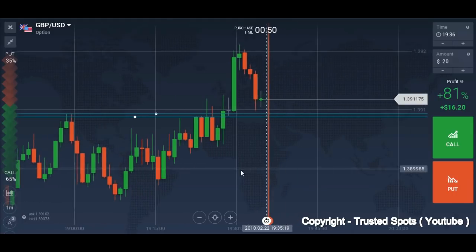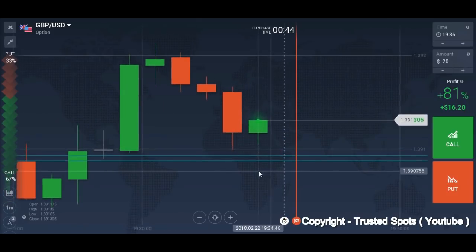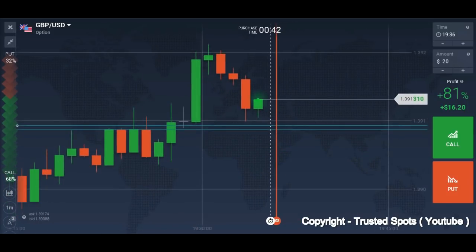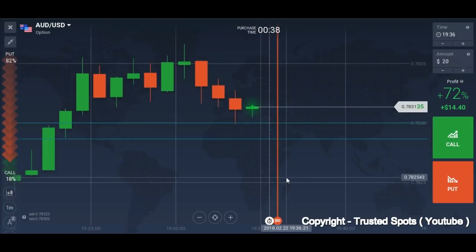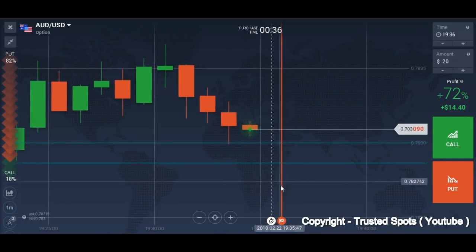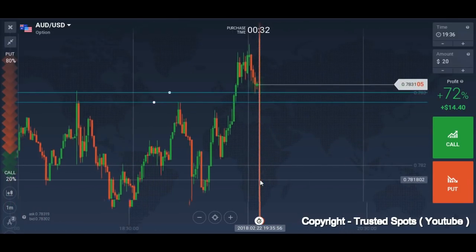Okay, let's wait. Let me find. Okay, we have here a trading opportunity. The level, this is an extreme level, and yes, this is an extreme level.